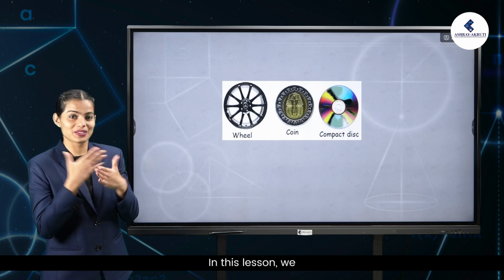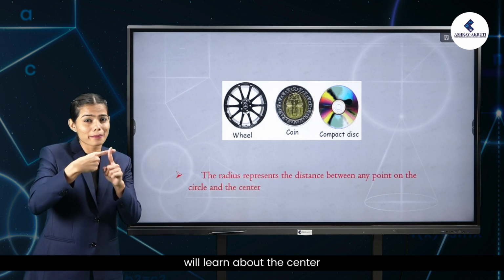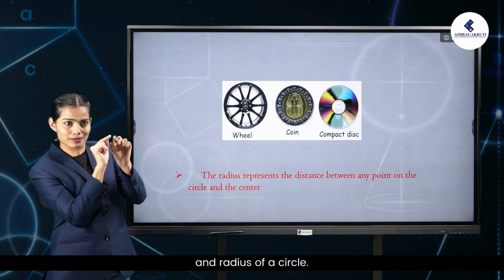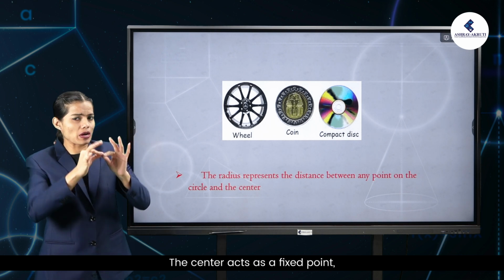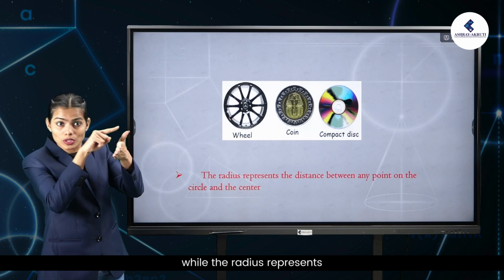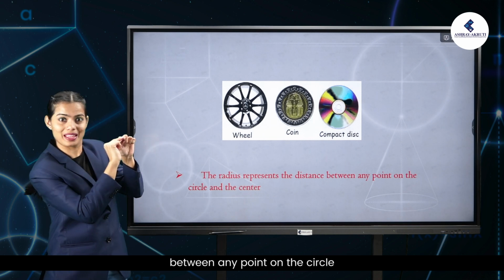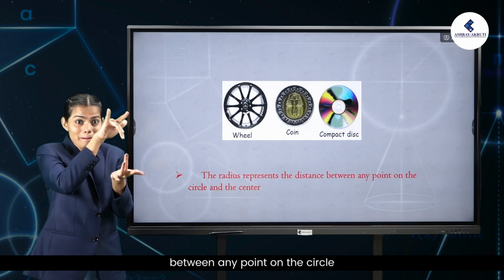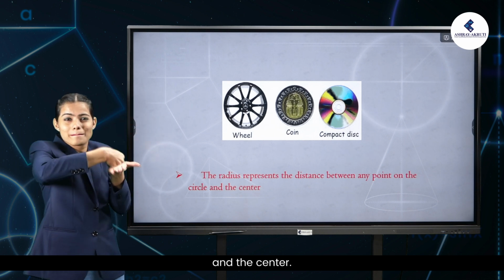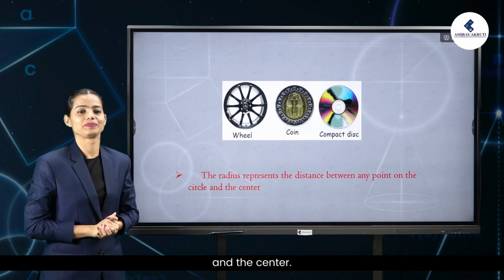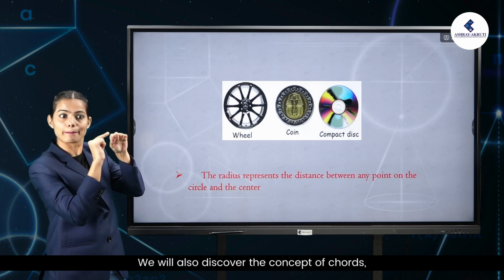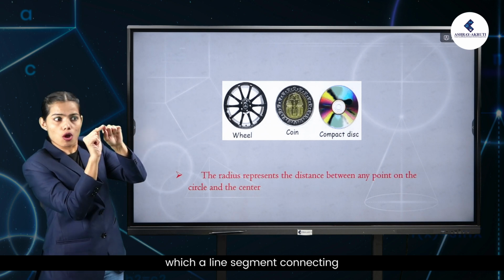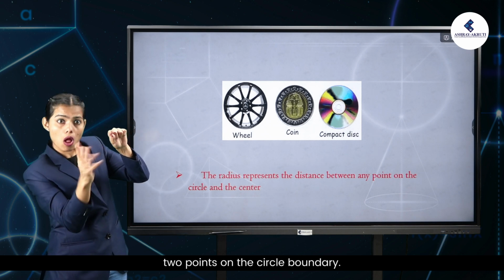In this lesson, we will learn about the center and radius of a circle. The center acts as a fixed point, while the radius represents the distance between any point on the circle and the center. We will also discover the concept of chords, which are line segments connecting two points on the circle's boundary.